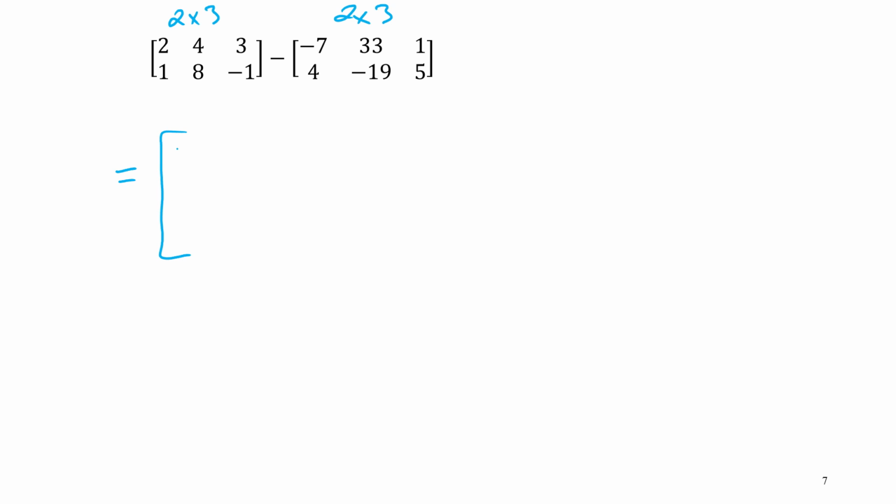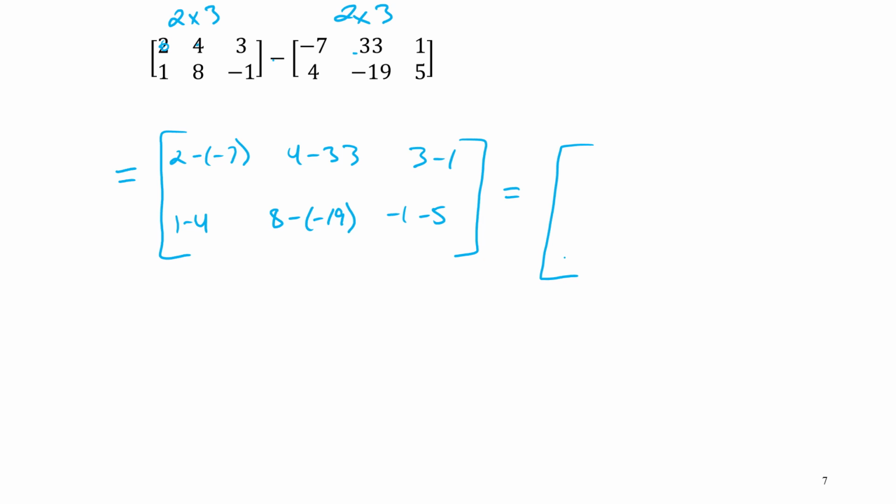The first row: 2 minus negative 7, 4 minus 33, 3 minus 1, and then the second row: 1 minus 4, 8 minus negative 19, and negative 1 minus 5.